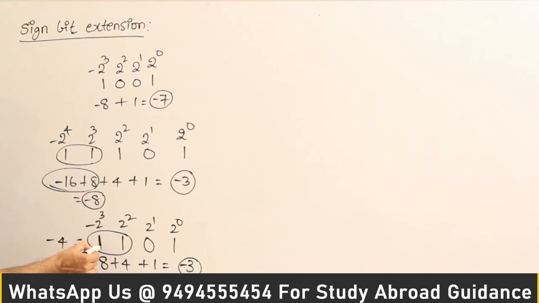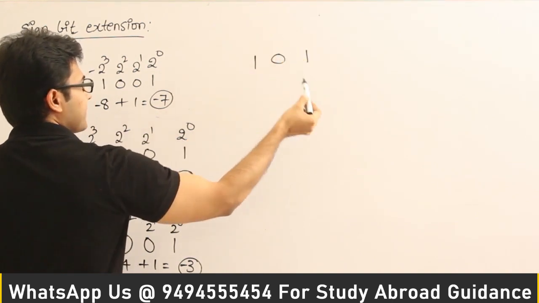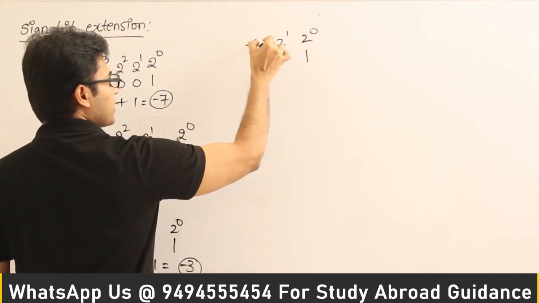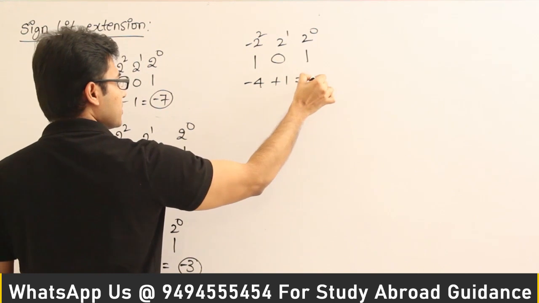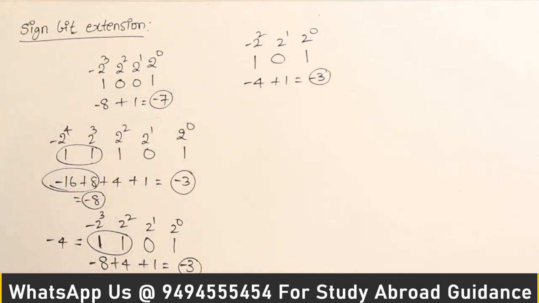Therefore by discarding this, the number I get is 1 0 1, and now this is 2 power 0, 2 power 1 and minus 2 power 2, which is minus 4 plus 1, again minus 3. Therefore, whenever I have a chain of ones in the most significant bits, I could delete all the ones till only one remains and the value is not changing.